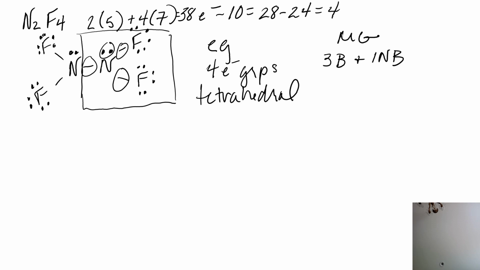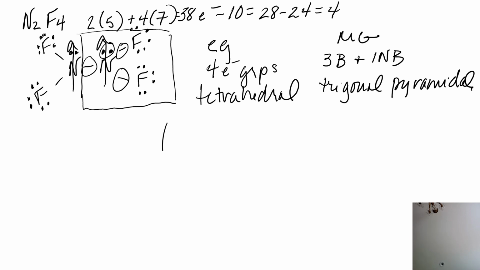So we have a trigonal pyramid, or pyramidal molecular geometry. We have polar bonds. We have those lone pairs on the central atom. So this is a polar molecule.